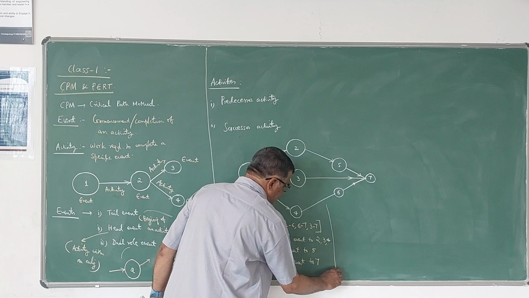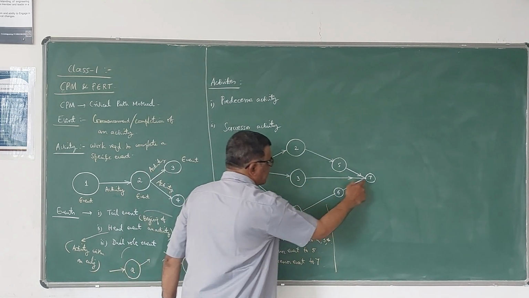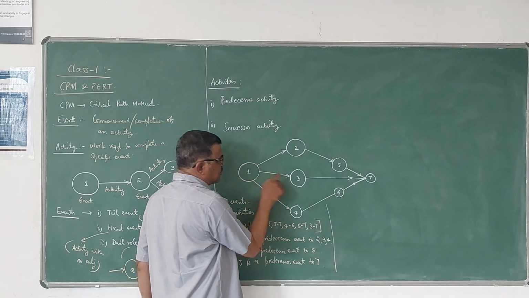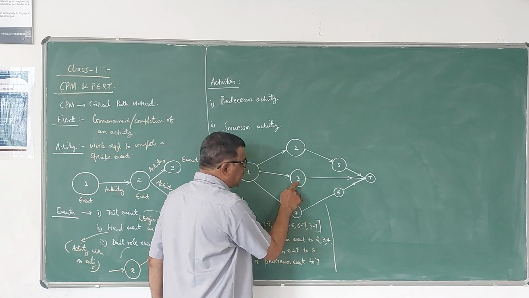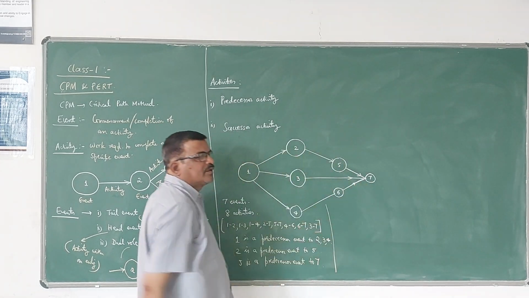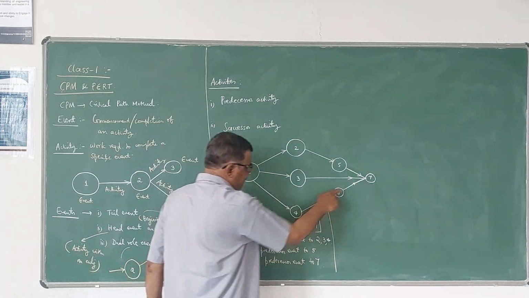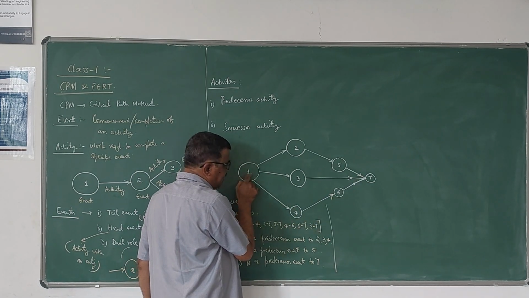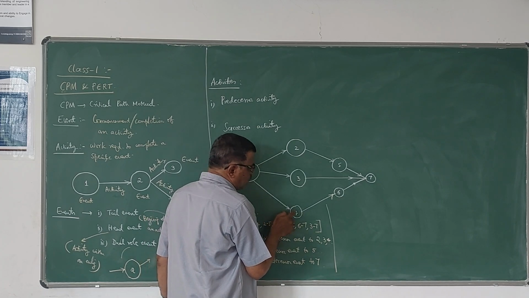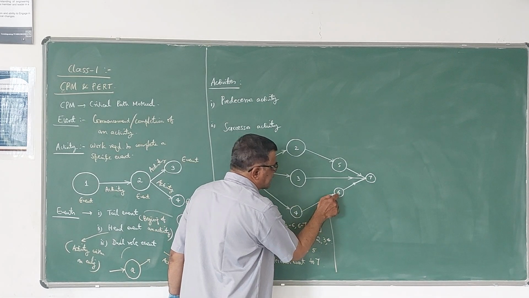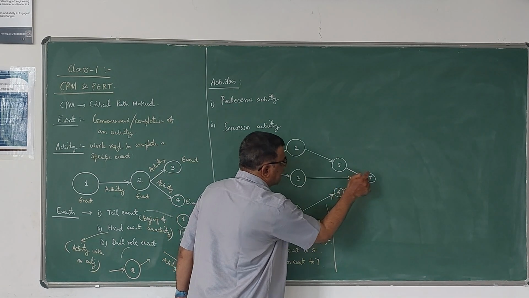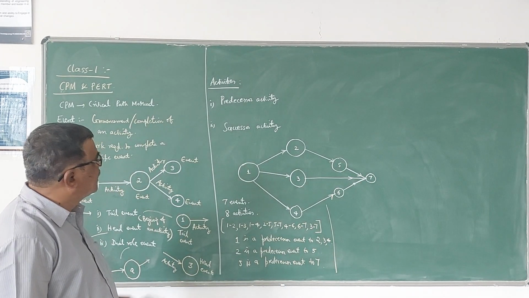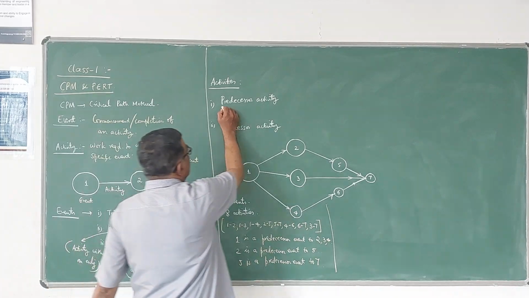Similarly, if you take along this path, 1 is a predecessor to 3, 3 is a predecessor event to 7. If you take this path, 1 is a predecessor event to 4, 4 is a predecessor event to 6, 6 is a predecessor event to 7. So like this, we can define predecessor activity or event.